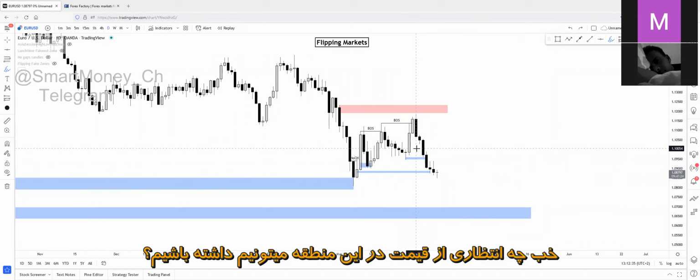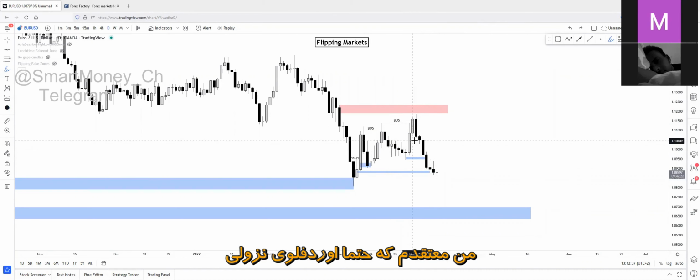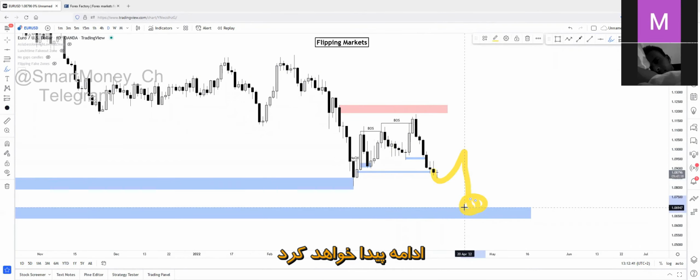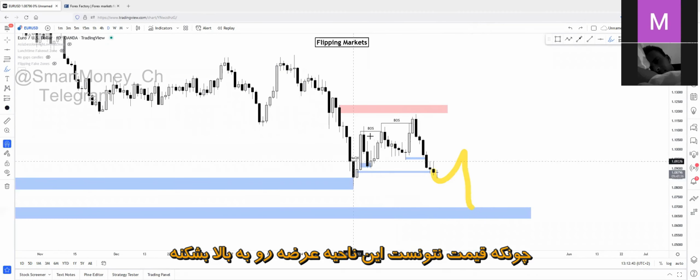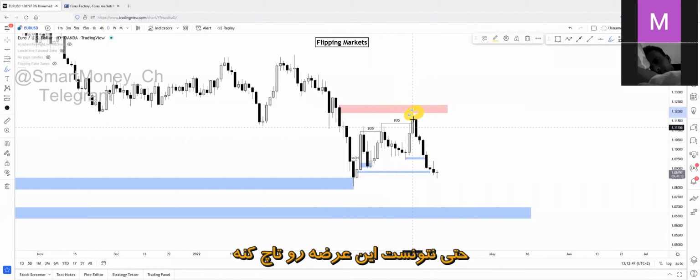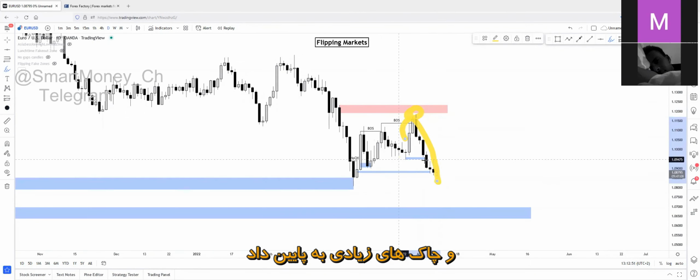So what can we expect from this price action region? I believe the bearish order flow will be continued down to this extreme region for sure, because price couldn't break above this supply zone, couldn't even touch it, and it just reversed immediately and made a sub change of character in several places.